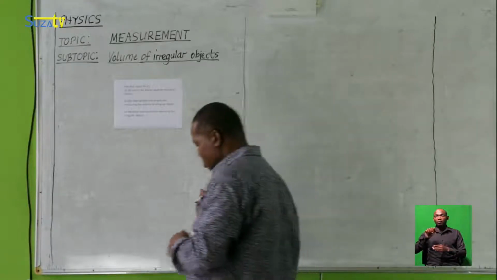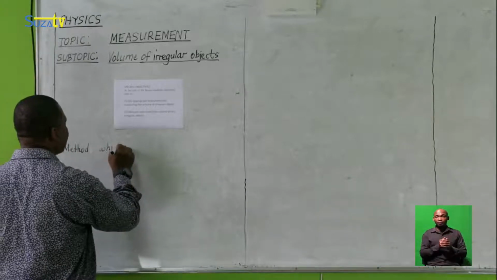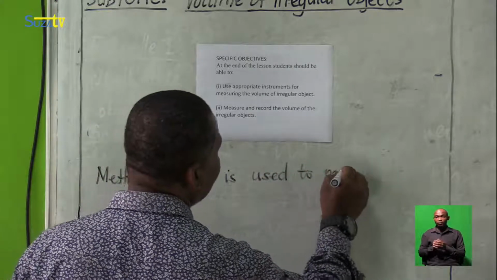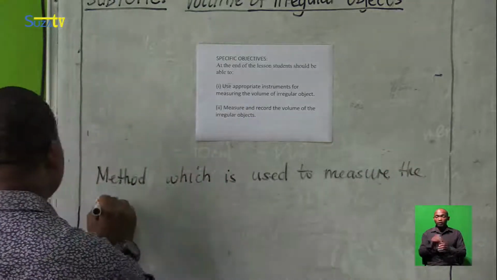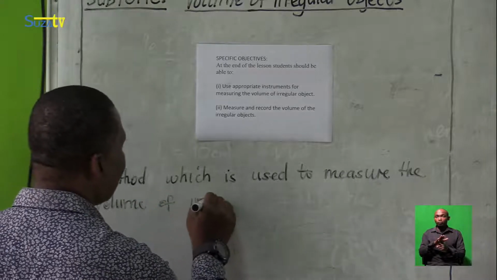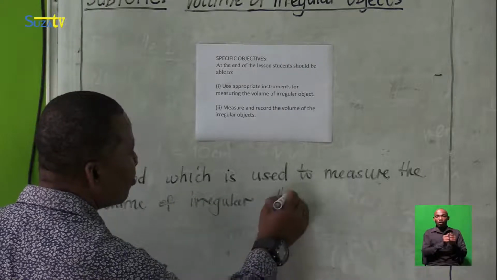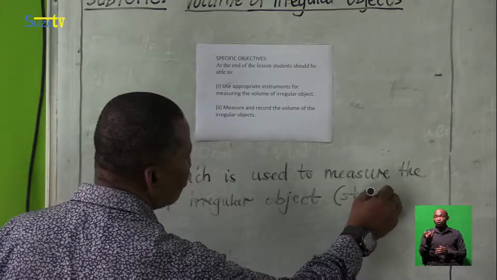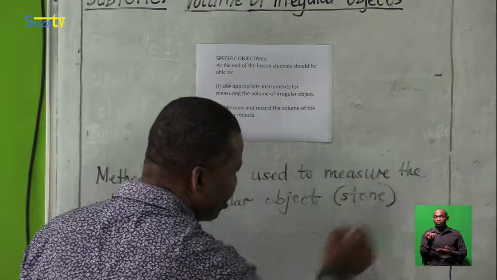We are going to use the method which is used to measure the volume of irregular objects like a stone, because a stone has not a definite shape.